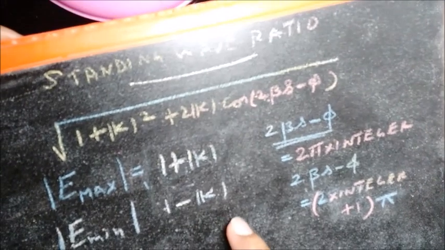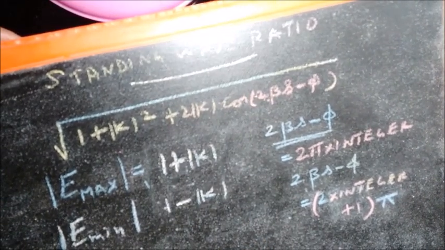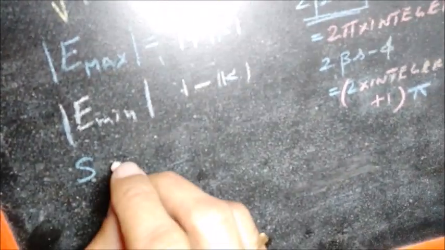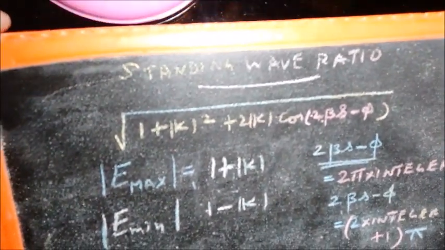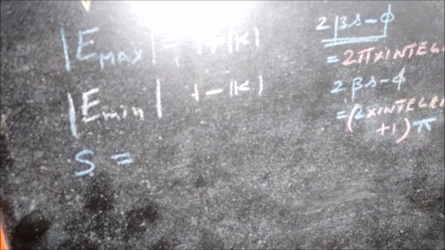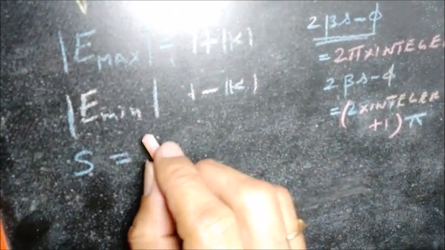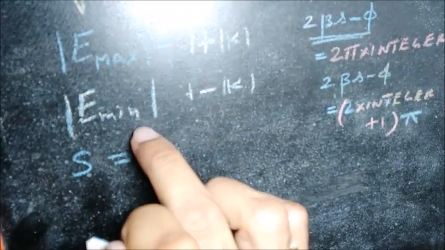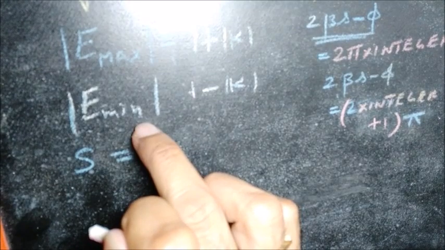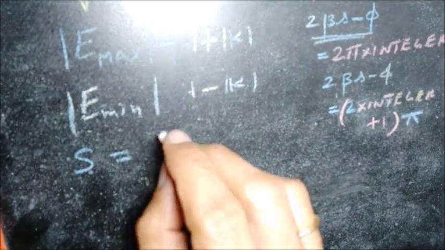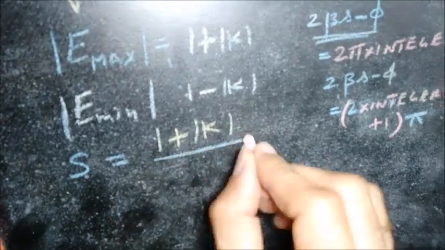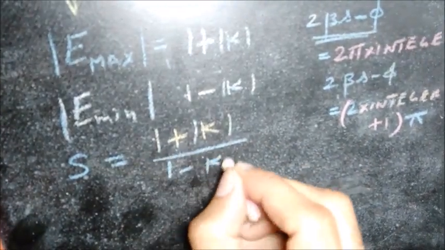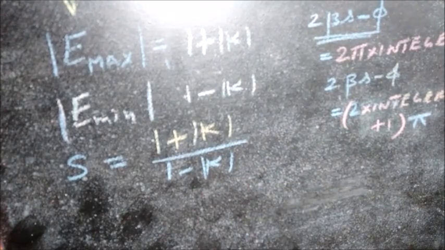Now the standing wave ratio S is defined as magnitude Emax by magnitude Emin, and that gives us 1 plus magnitude k divided by 1 minus magnitude k.